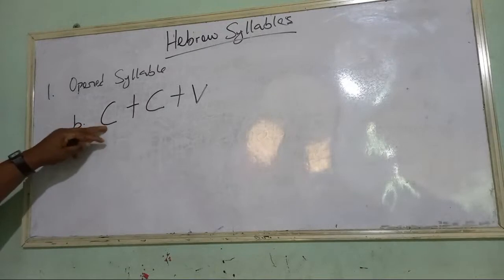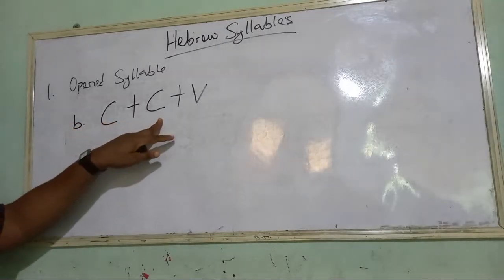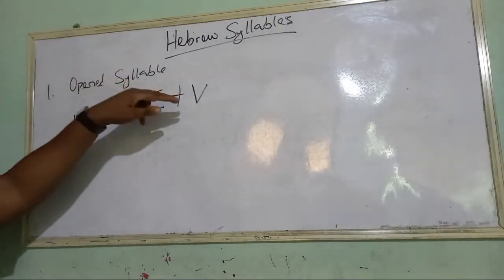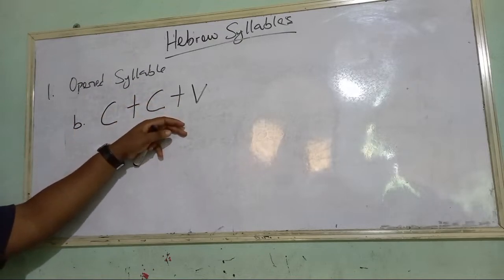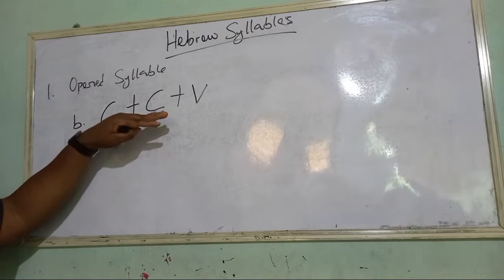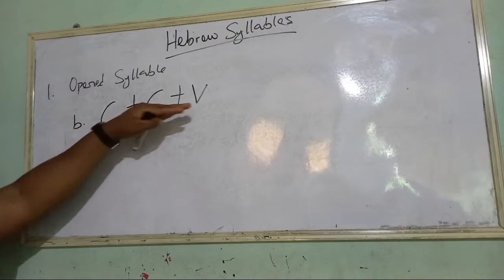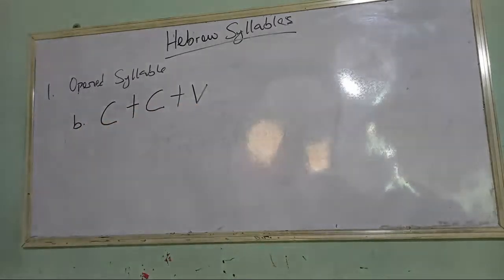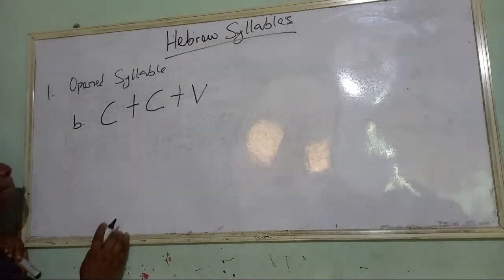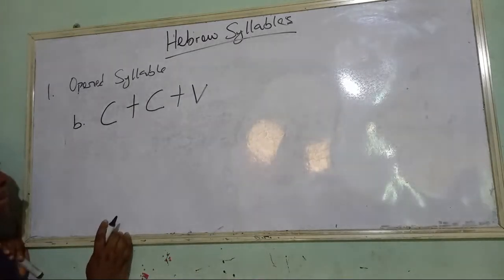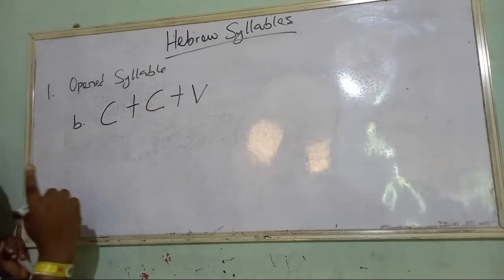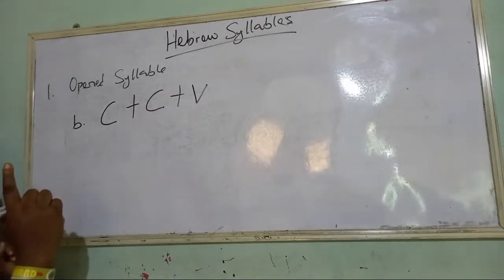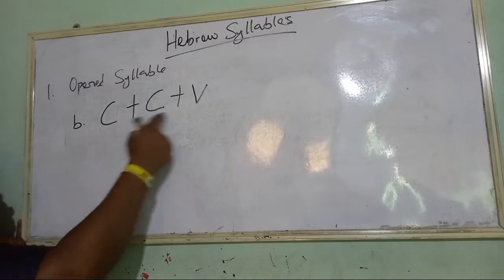This pattern usually occurs where we have a half vowel. When there is the presence of a half vowel in a syllable, we will have this pattern. Let's look at an example. Don't forget that when we are talking about syllables, we don't reckon with the half vowel. That's why we have this pattern.